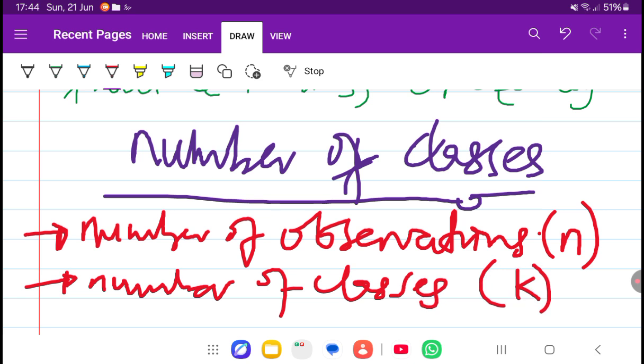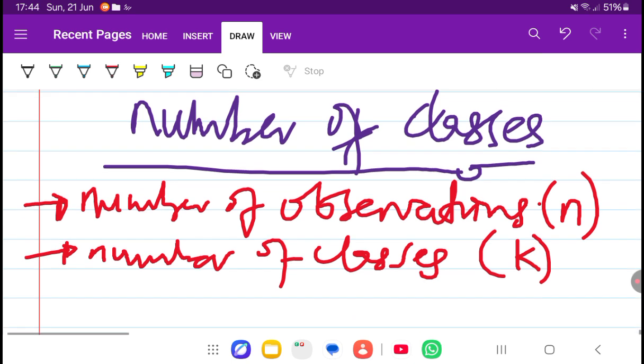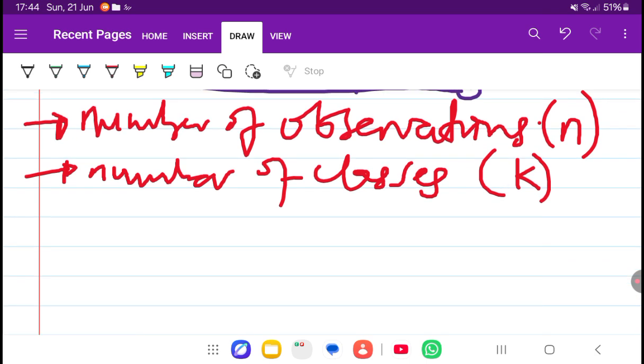So what we do from here, maybe we can also let our value k, the number of classes, be an exponential. Let this be the smallest exponential of the number 2, such that 2 to the power k is greater than n.